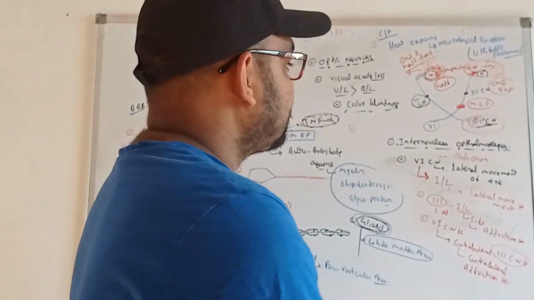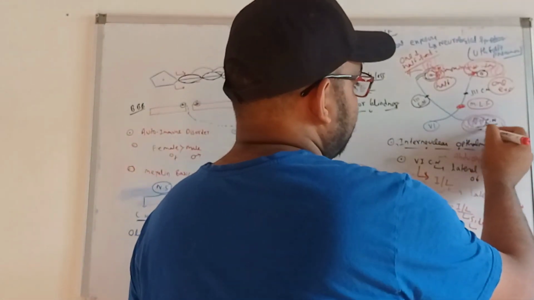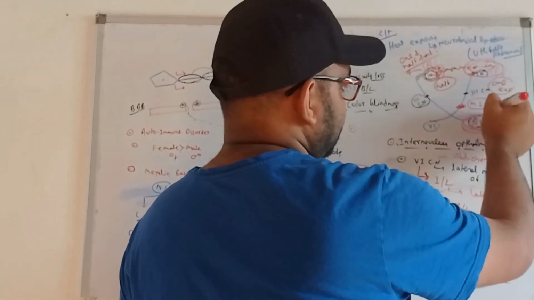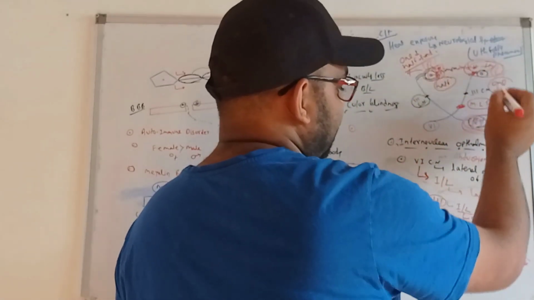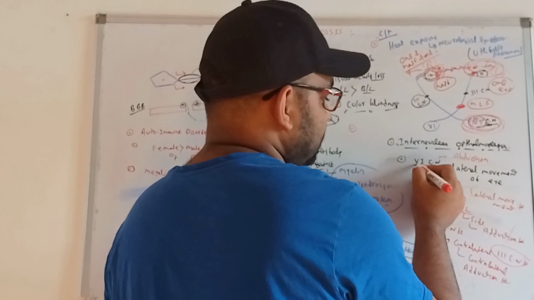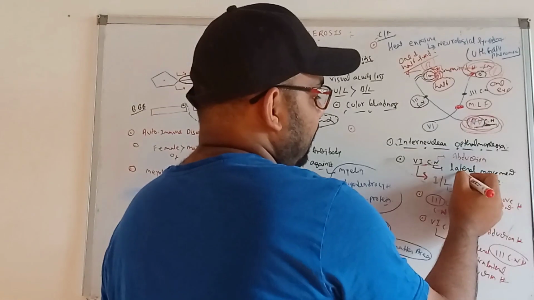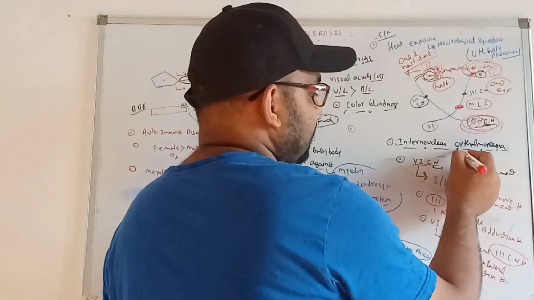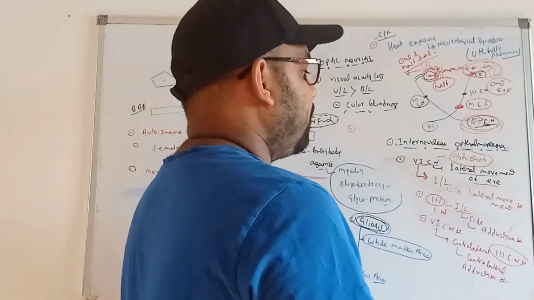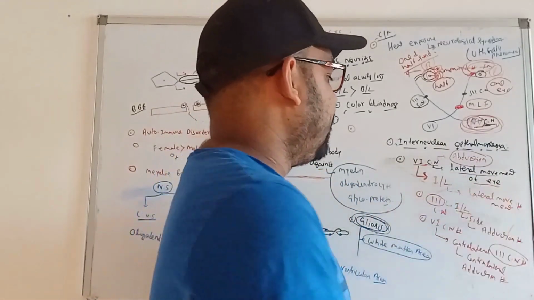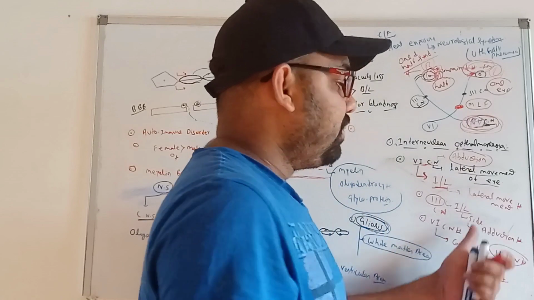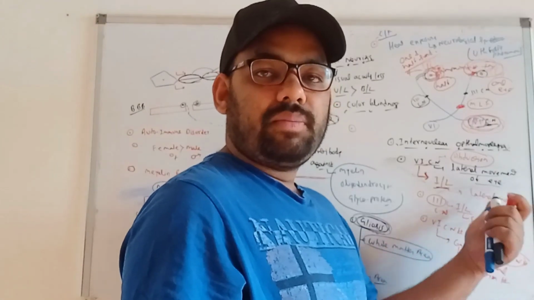Whenever the sixth cranial nerve is involved, the lateral movement, the abduction of the eye, will be impaired on the ipsilateral side. That's why I have written here: ipsilateral lateral movement will be impaired.